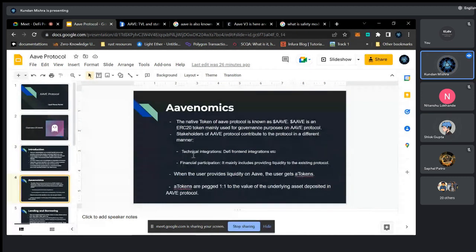The native token is known as AAVE, an ERC20 standard token. The stakeholders who hold the AAVE token can contribute to the protocol in different ways, such as technical contributions like adding features, or financial participation by adding liquidity to the protocol.